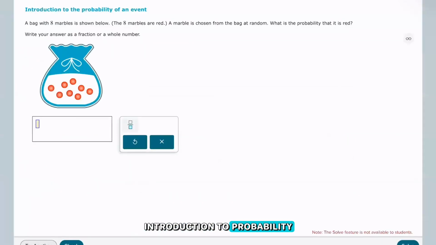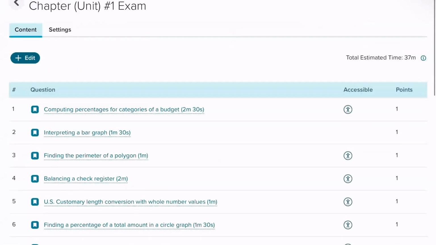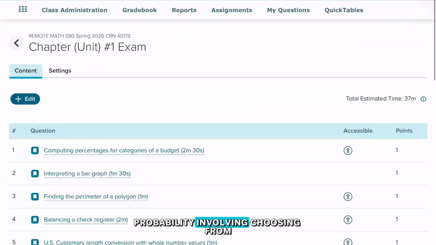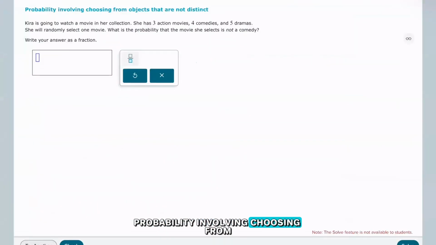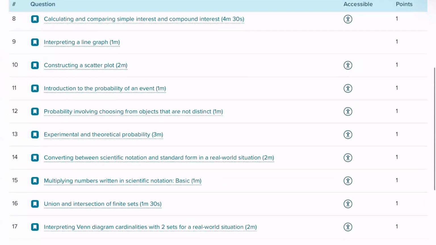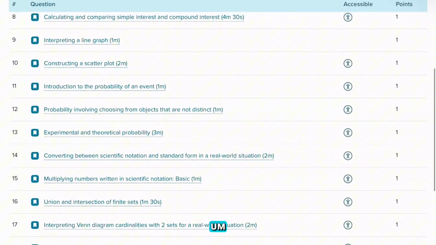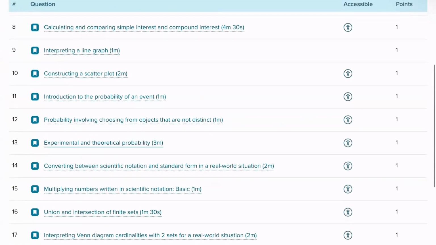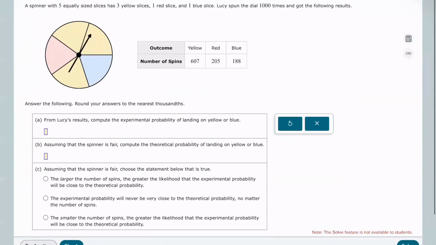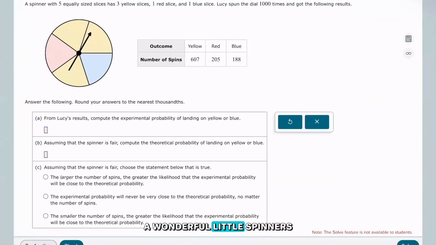Introduction to probability. Probability involving choosing from objects that are not distinct. Experimental. Wonderful little spinners.